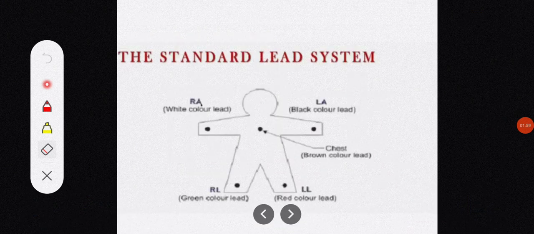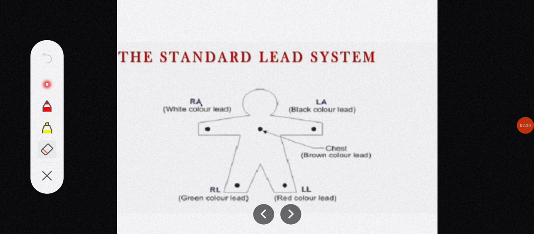Going back to the previous slide, I hope it is clear that lead means the particular group of electrodes and how they are connected to the amplifier. These leads, or the electrodes, are used for recording the electrocardiogram.